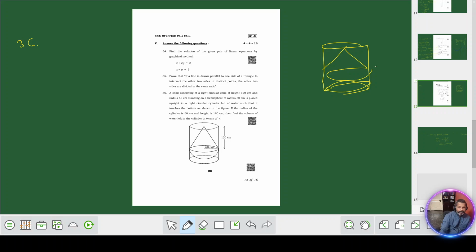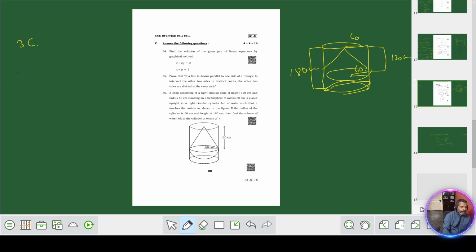This is 60 centimeter, that is, the hemisphere radius is also 60, and the cylinder is 60 radius. The height of the cylinder they have given is 180. The height of the cone is 120 centimeter. Cylinder height is given 180 centimeter. How much water is left in the cylinder after placing that solid combination of cone and hemisphere?